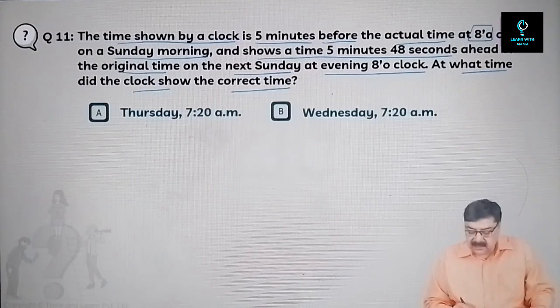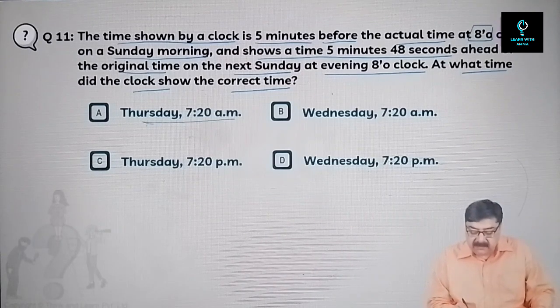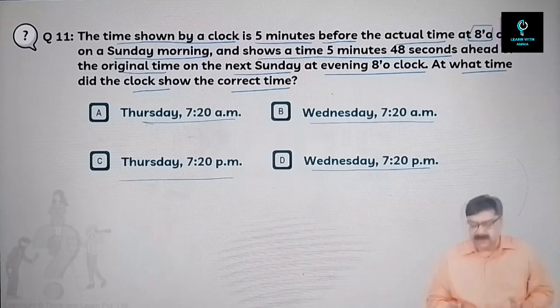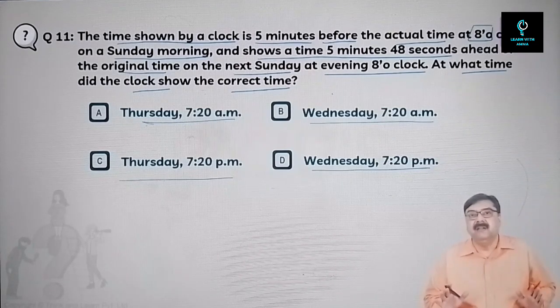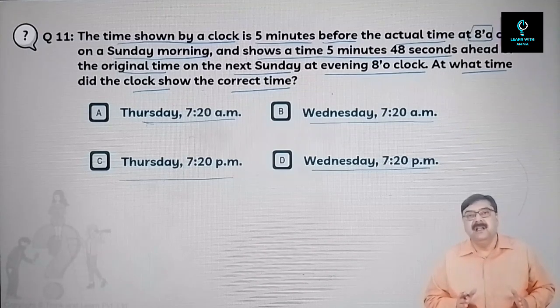Now these are the choices given to you here: Thursday 7:20 a.m., Wednesday 7:20 a.m., Thursday 7:20 p.m., Wednesday 7:20 p.m. Now when you look at the choices, one thing is certain, that the actual timing is 7:20. Whether AM or PM, we will have to find out. Second, it's going to be a Wednesday or a Thursday. We will have to find that out.